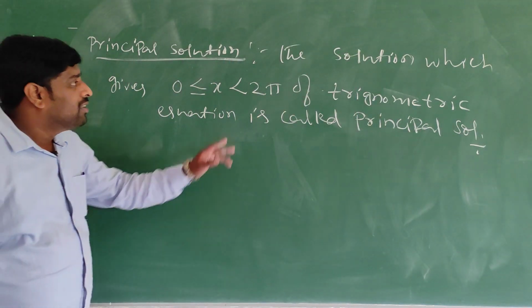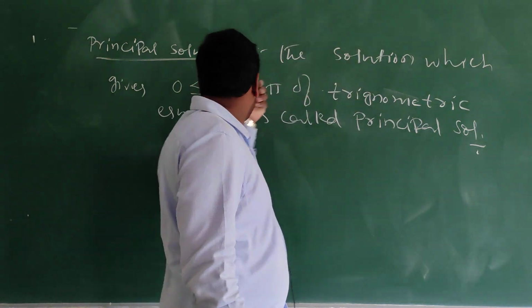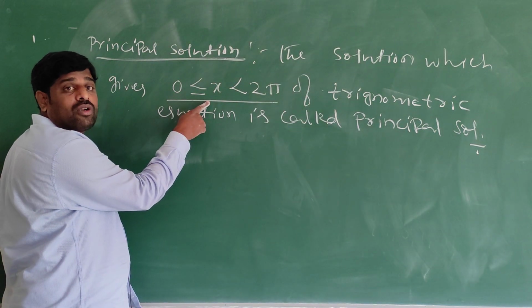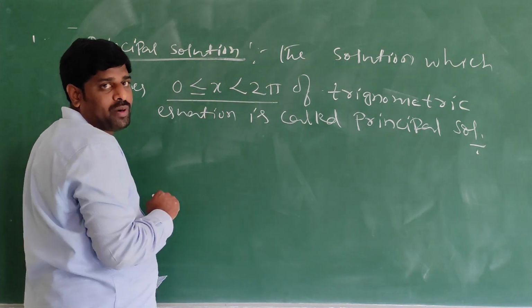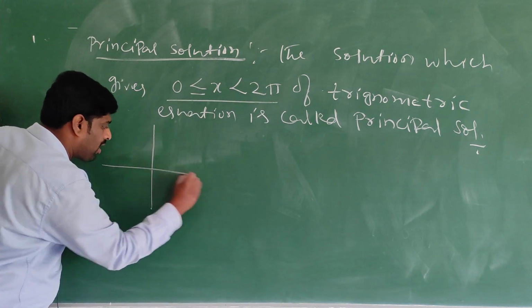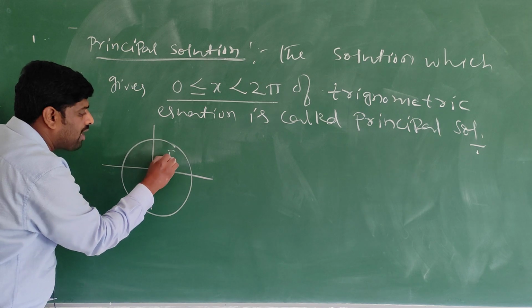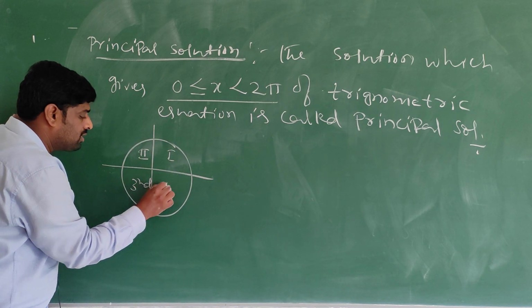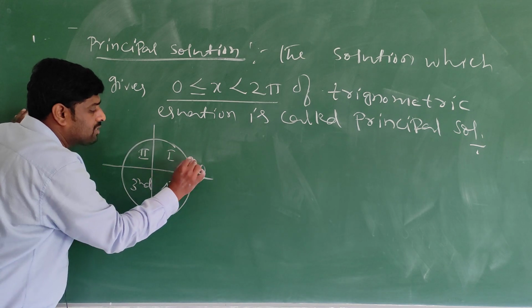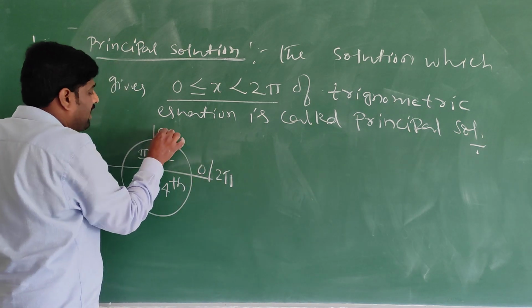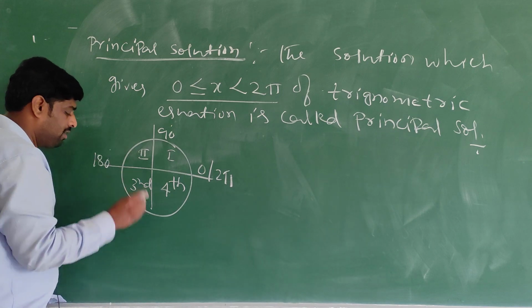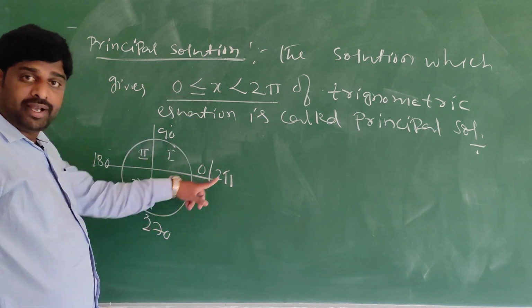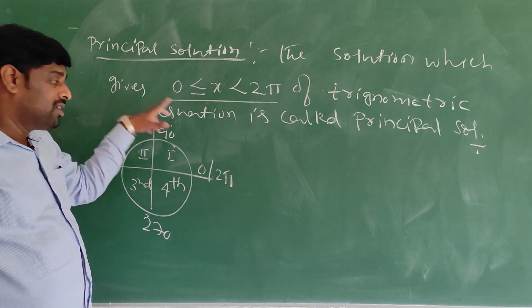Dear students, the solution which contains, observe this one, 0 less than or equal to x less than 2 pi. Observe the quadrants. This is the first quadrant, this is the second quadrant, this is the third quadrant, this is the fourth quadrant. Here 0, 2 pi, 90, 180, 270, and when one rotation is complete, the second rotation will start at 2 pi.